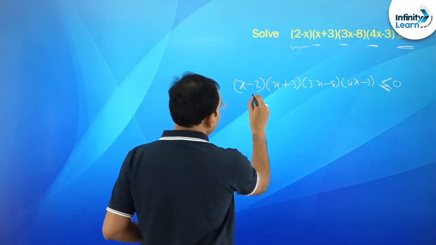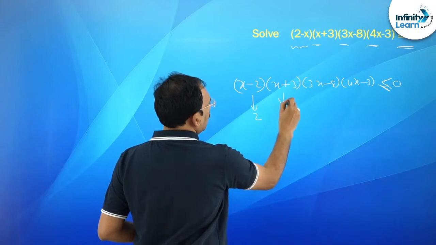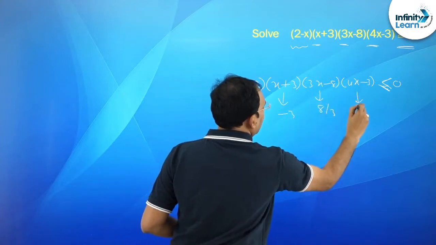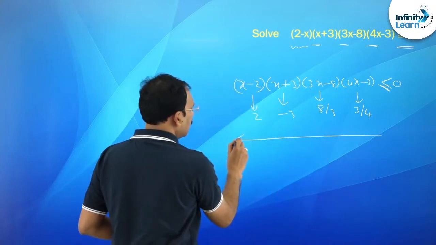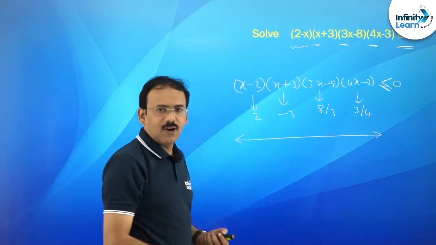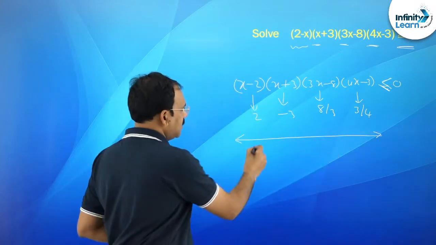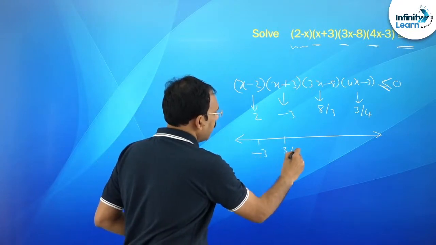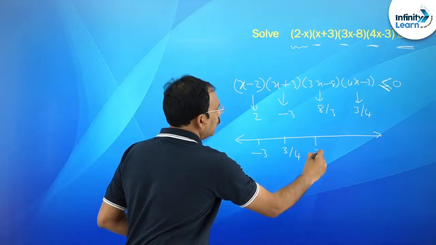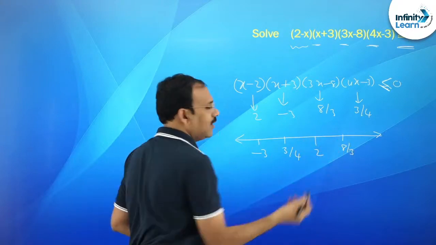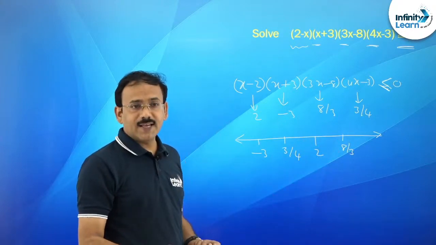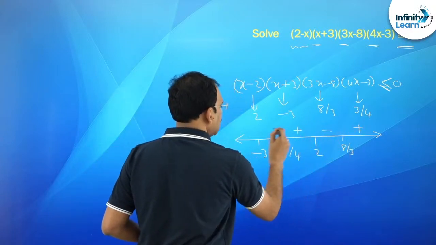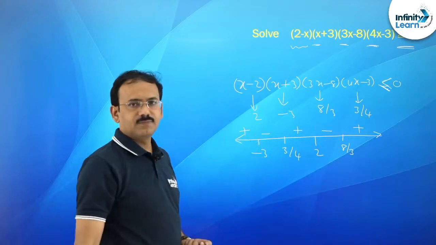Now you just see this becomes 0 at 2, minus 3, 8 by 3, 3 by 4. Now take the number line. Now ready students? Smallest is minus 3, then 3 by 4 is the next one, the next 2, the next 8 by 3. Fine. What is the next step? Extreme right side is positive, negative, positive, negative, positive.